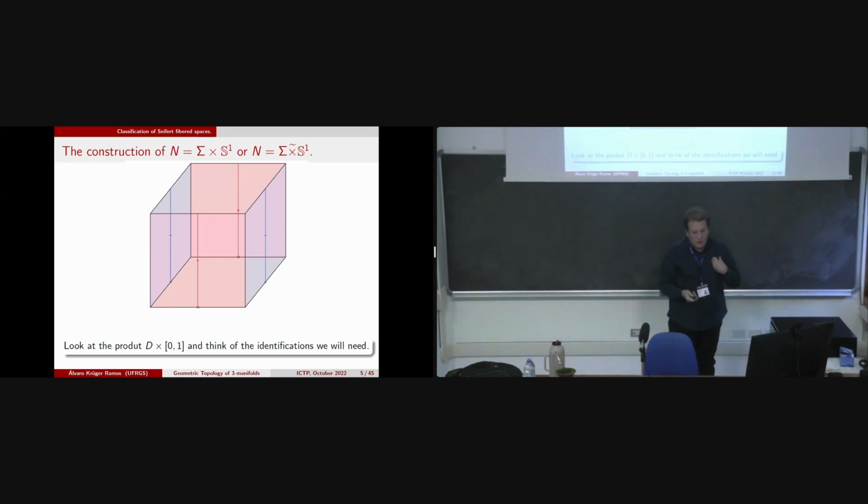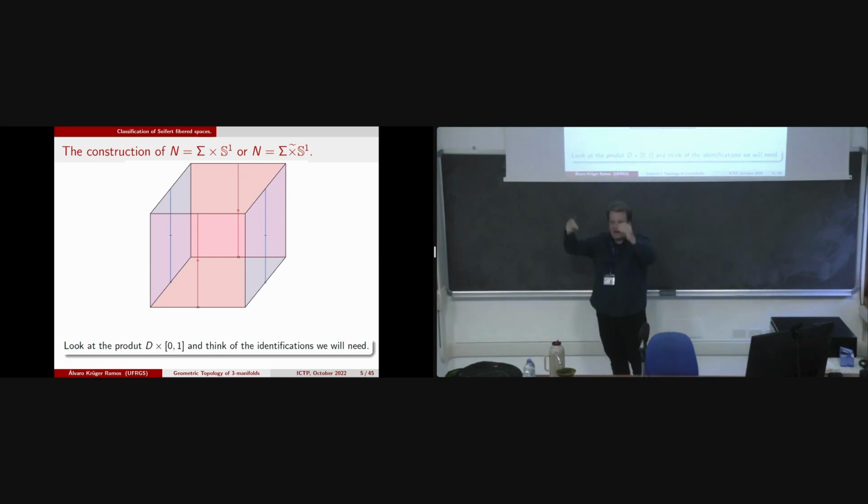In this example, I will identify the red side with the red side and the blue side with the blue side. So you will have this A_i cross I and this B_i cross I and some C_i cross I, and you just glue A_i with B_i, A_i with B_i, and forget the C_i's.